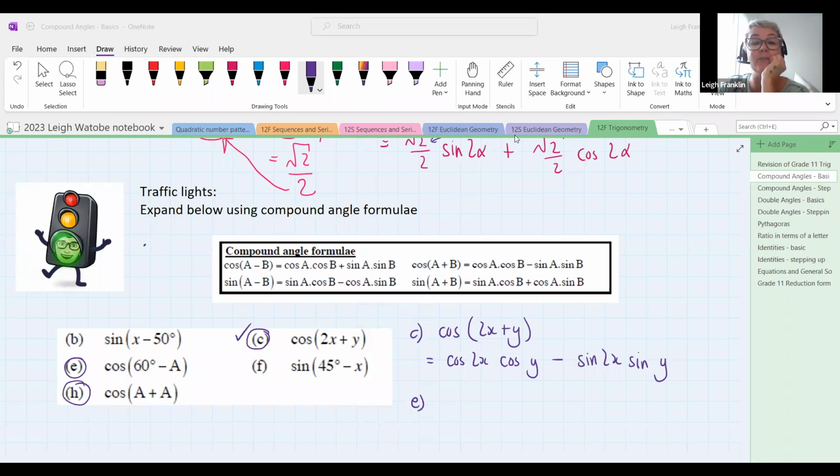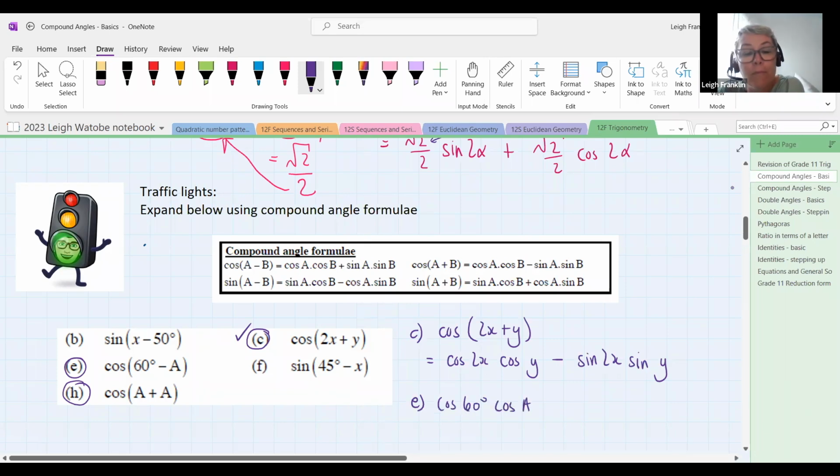I see Zintle's got a hand up. Zintle, do you want to do E? There's a pop-up, Zintle. Just click on it. There we go. So E goes like this. It's going to be cos 60 cos A plus sine 60 sine A. Sorry, sine A. It's okay.